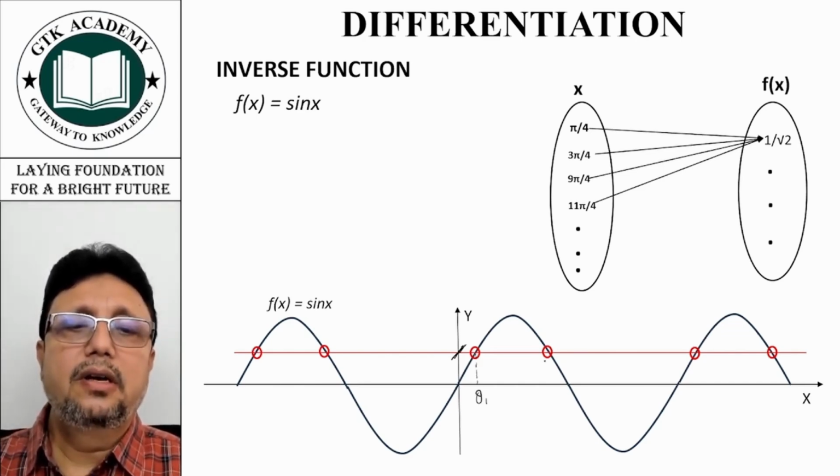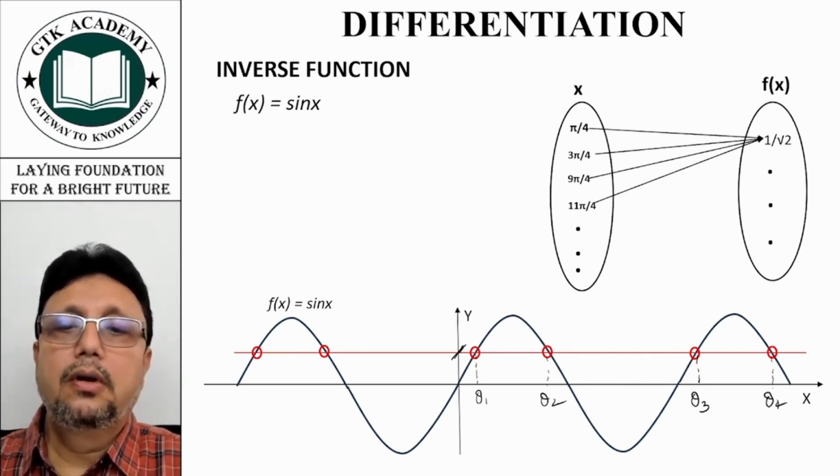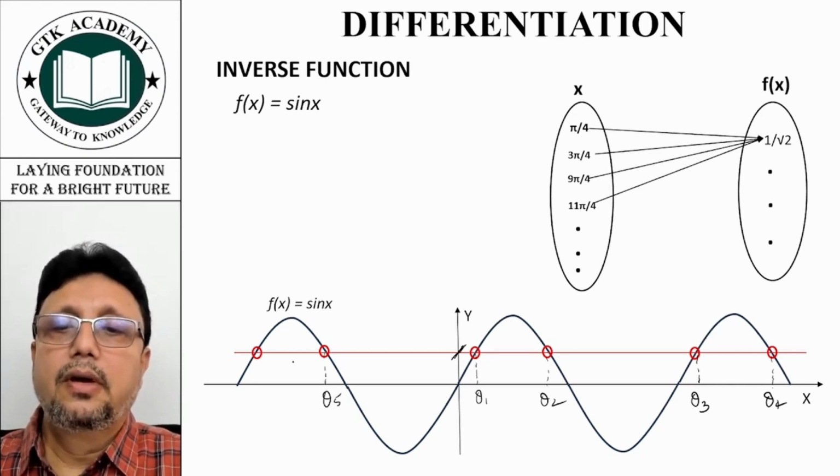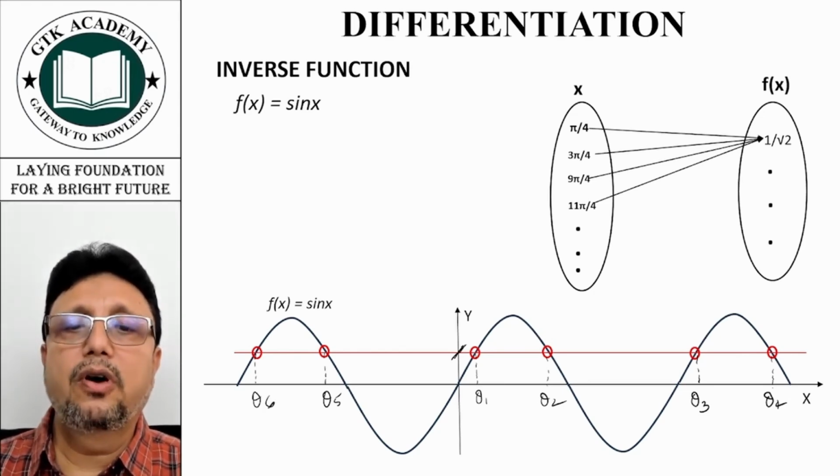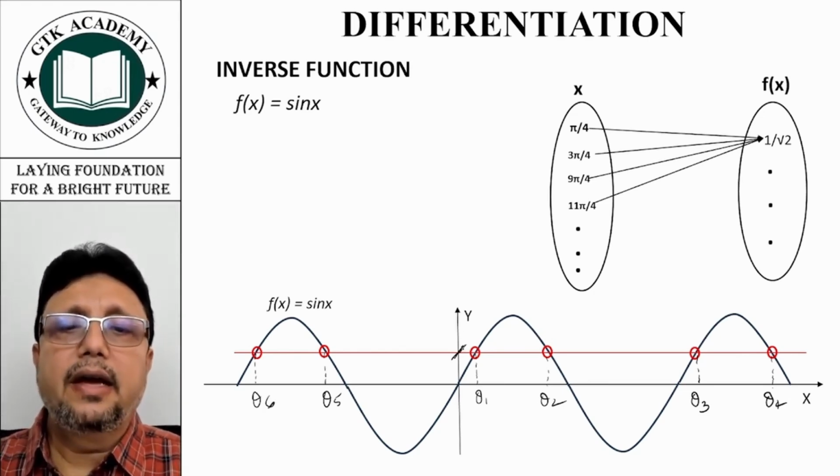Say this is theta 1, this is theta 2, theta 3, theta 4, theta 5, and theta 6. For all these angles in this small portion of the curve, the value of sine is the same.